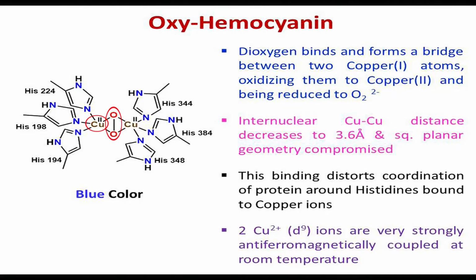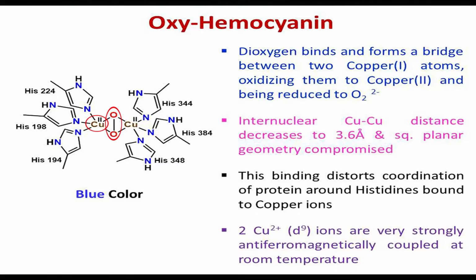The internuclear copper-copper distance decreased from deoxy. It was 3.7 angstrom, now it becomes 3.6 angstrom, and the square planar geometry is compromised around copper.